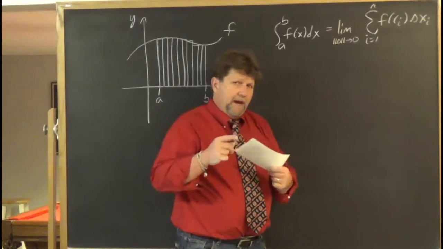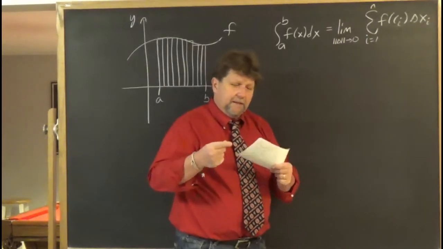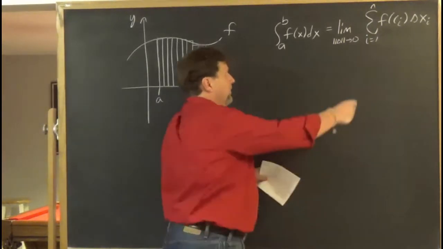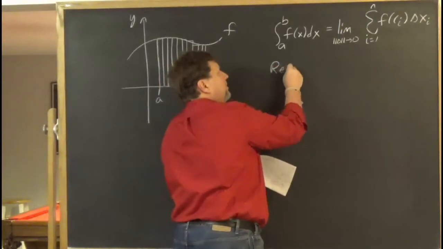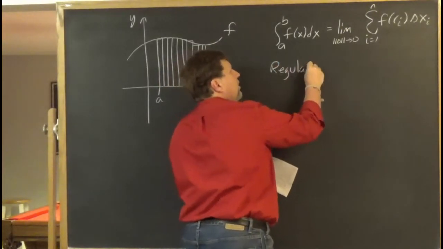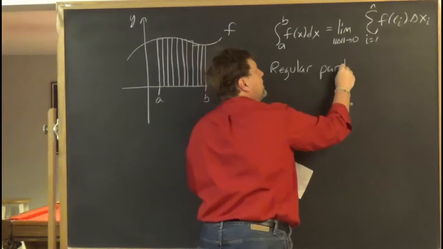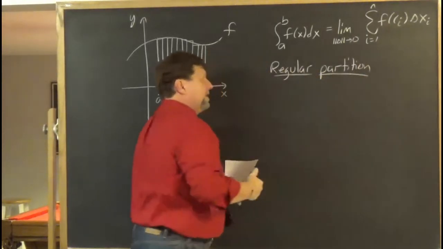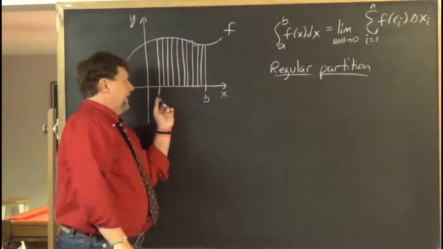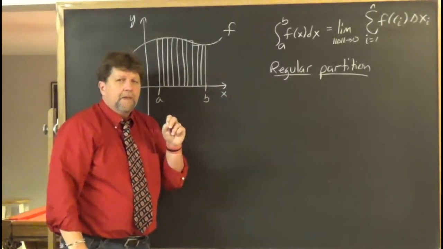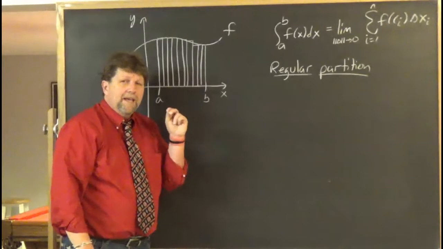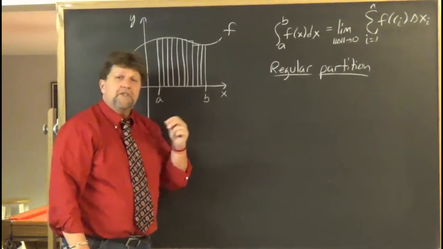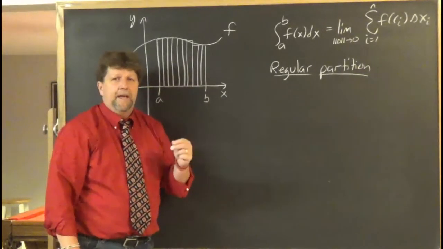Some things that you may have seen back in Chapter 5, if not, this would be a new vocabulary term, is something that's called a regular partition. Okay, a regular partition is nothing more than taking the interval a to b and splitting it into n subintervals where each subinterval has the same length.